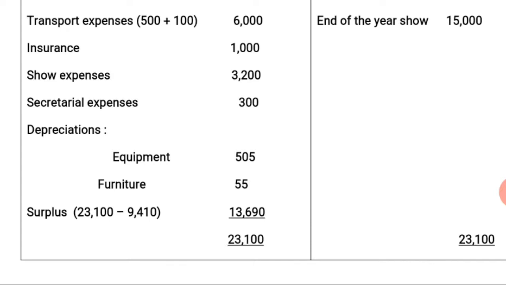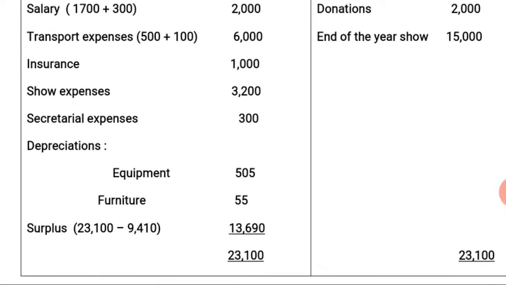So totaling the expenditure or expenses of Academic Social Club, we have the total of 9,410 naira. By comparing 9,410 naira of expenses to that of income, which stood at 23,100, we are having a surplus of 13,890 naira.